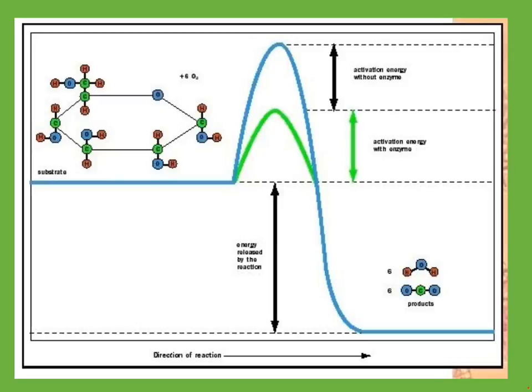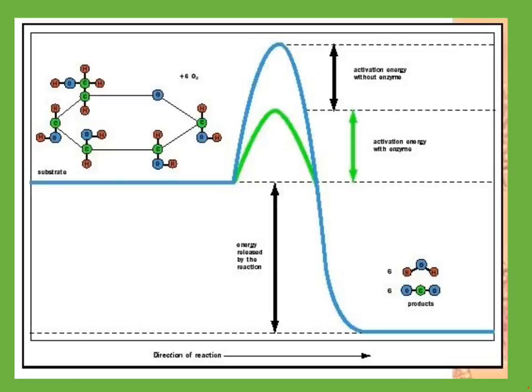Though both reactions lead to the same products, the second one is faster than the blue graph. So that is really the summary, showing how enzymes speed up chemical reactions by lowering the activation energy.